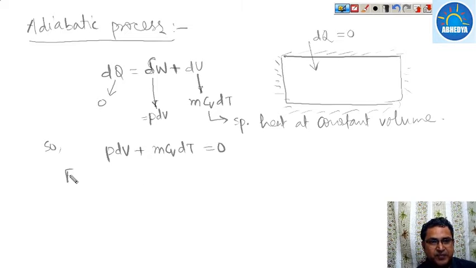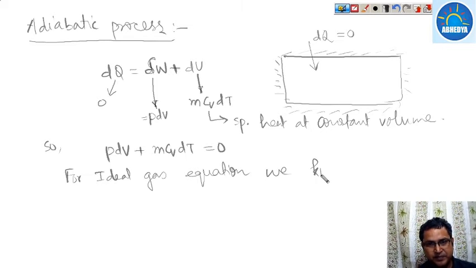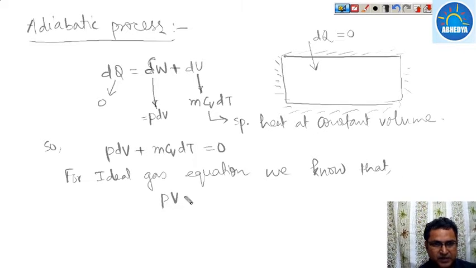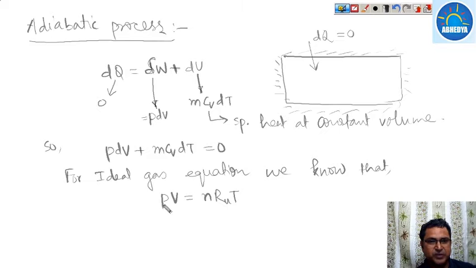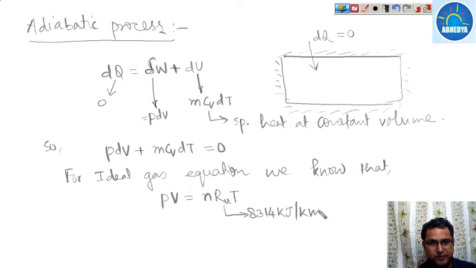From the ideal gas equation we know that PV is equal to nRuT. Here P is the pressure, V is the volume, n is the total number of moles, Ru is the universal gas constant, whose value is 8.314 kilojoule per kilomole Kelvin, and T is the temperature in Kelvin.